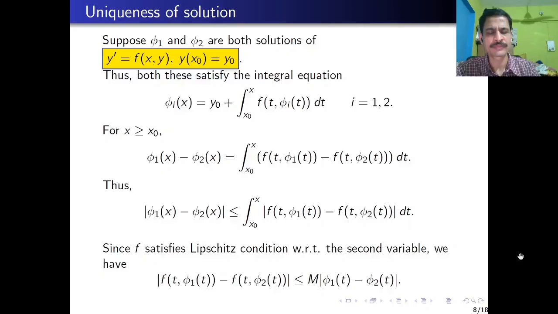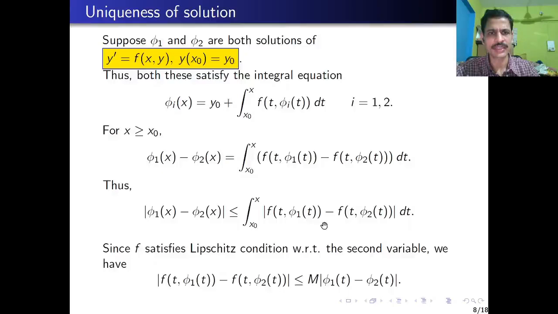So we have that modulus of f of t comma phi1 t minus f of t comma phi2 t is less than m times modulus of phi1 t minus phi2 t. So we substitute this Lipschitz condition into this given equation, under the integral sign.